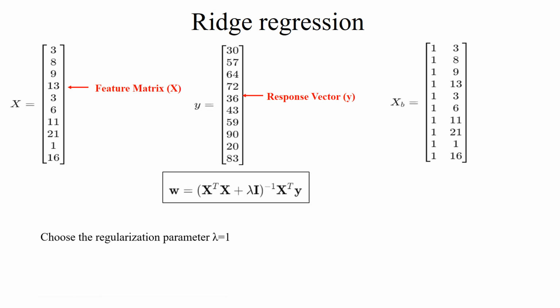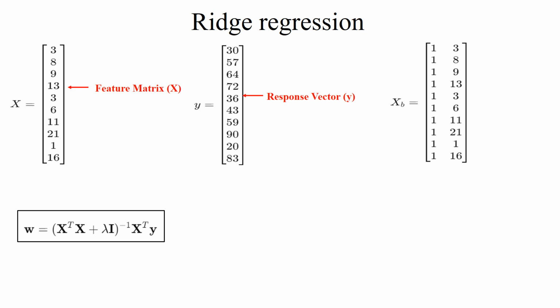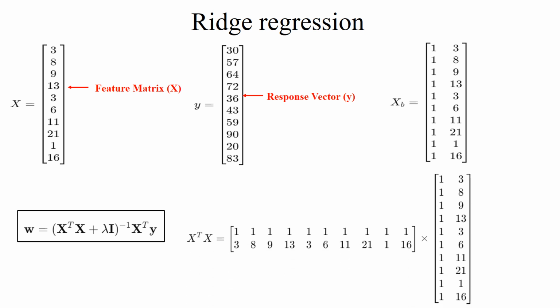The first step is, let us choose the regularization parameter lambda as 1. Here, the first factor to be computed is X transpose into X. So for the X matrix, we compute the transpose. This is X transpose.